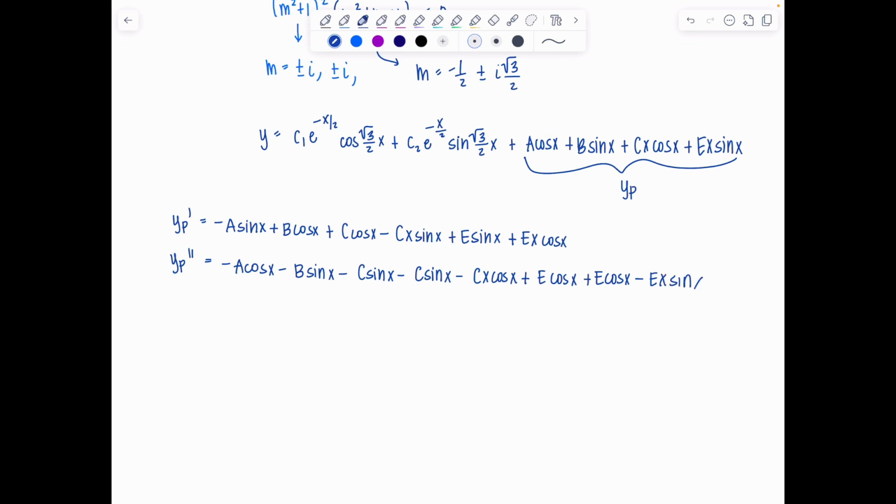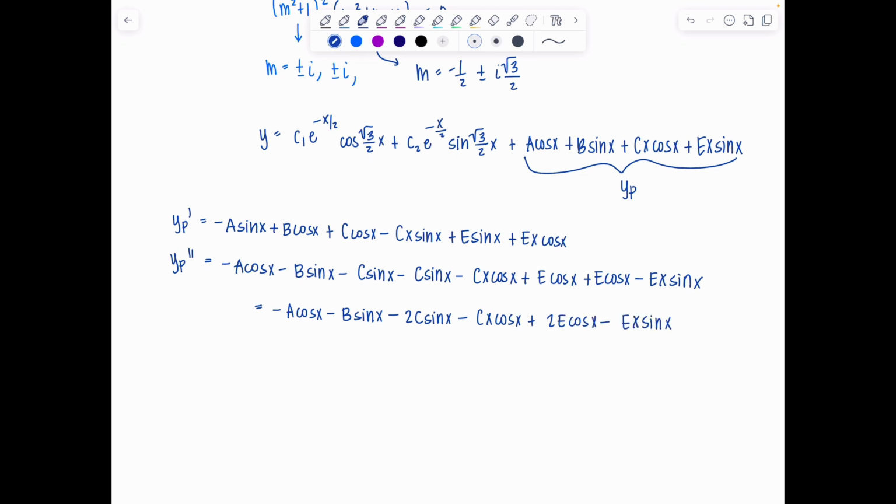Let me clean this up. We've got a lot of like terms. So negative A cosine x minus B sine x minus 2C sine x minus Cx cosine x plus 2E cosine x minus Ex sine x.